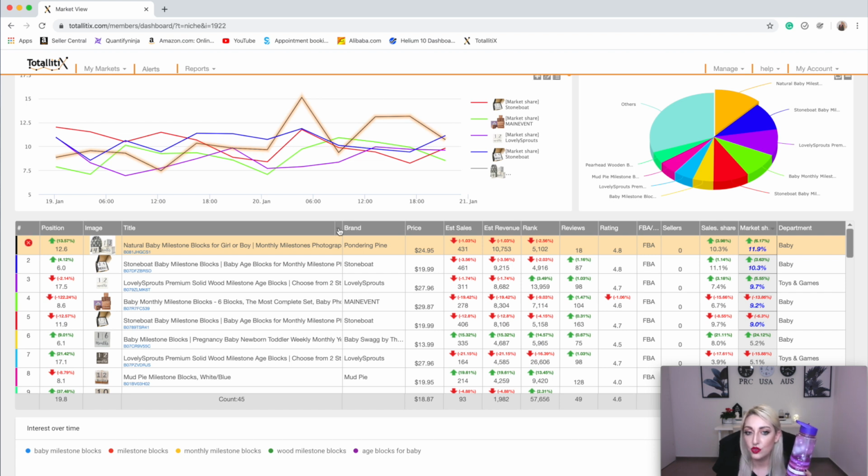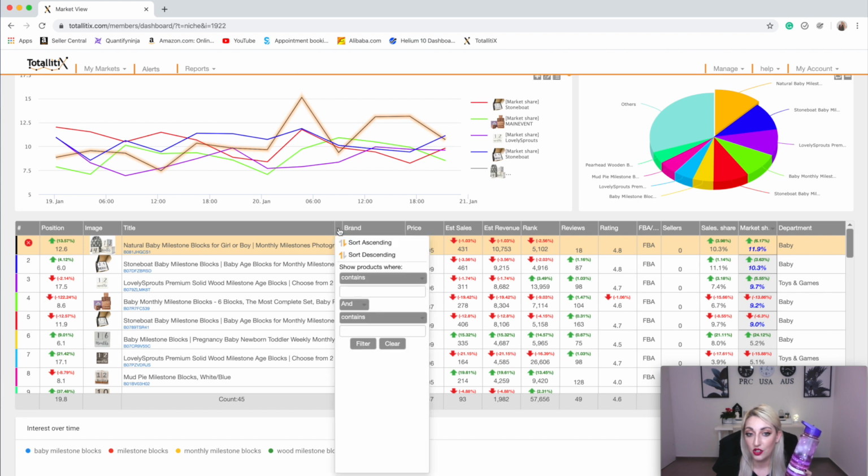What you can do is click on here and type in, I don't know how I would do it for this one because it's not a 2-pack, let's say 6 block, let's say that here. For the water bottle example, if I wanted to only look at products that have a 2-pack, I would have written here 2-pack.